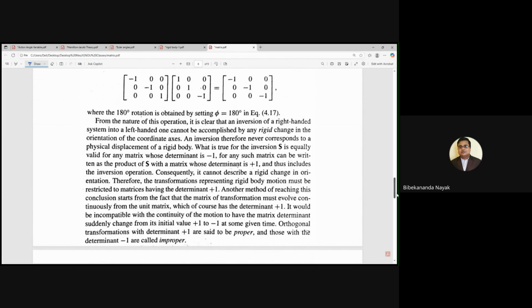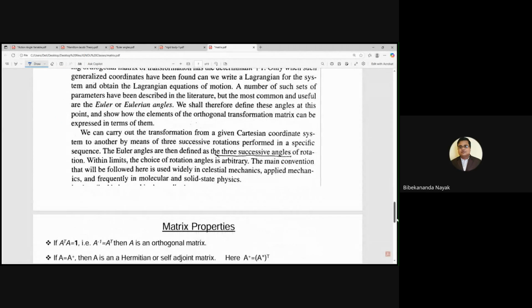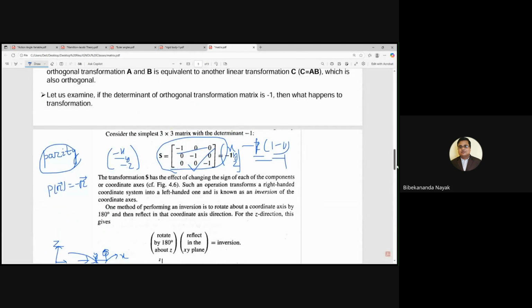It is an improper transformation. Actually, this is called parity in quantum mechanics, and under parity, all interactions, electromagnetic and strong interactions, are invariant. Also gravitational interaction. Only the weak interaction violates parity. In our book, we only discuss mechanics: all mechanical forces, gravitational forces, electrodynamics, all these things.